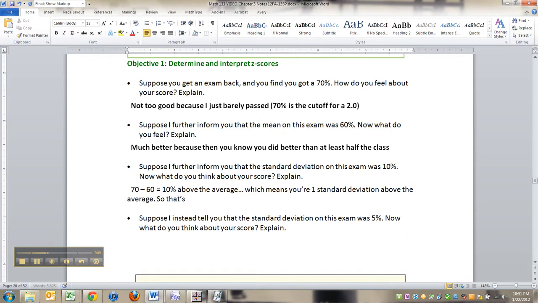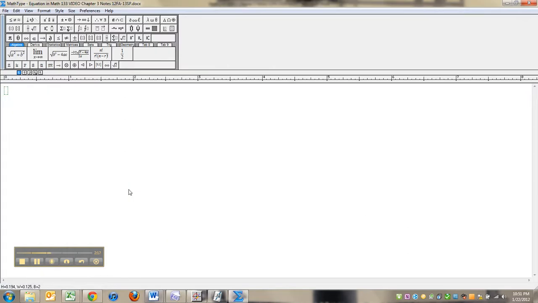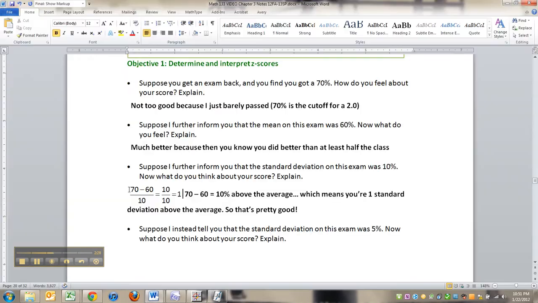So that's pretty good, right? Now, how do I know it's 1? Well, I can do it right here. You take 70, take away the average of 60, divide it by 10. That's 10 over 10, which would be 1. Okay?